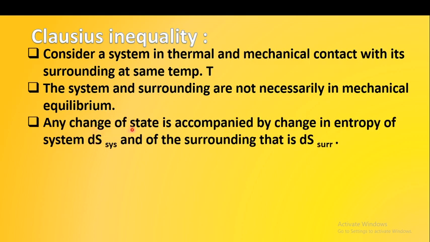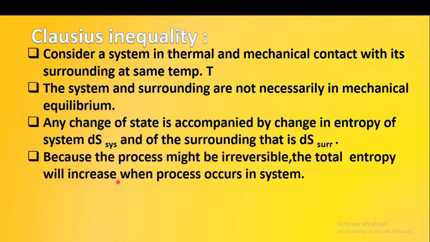The change of state is accompanied by a change in entropy of the system, dS of the system, and a change in entropy of the surrounding, dS of surrounding. Because the process might be irreversible, the total entropy increases when the process occurs.